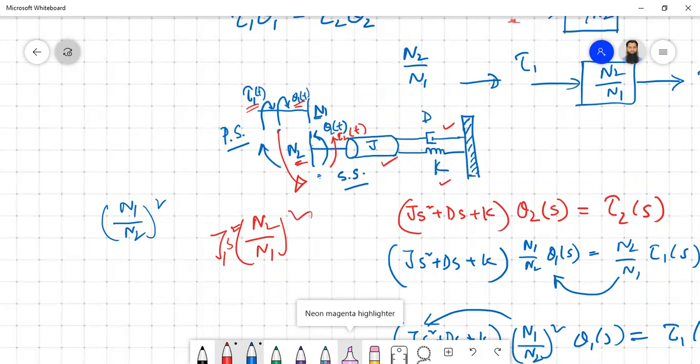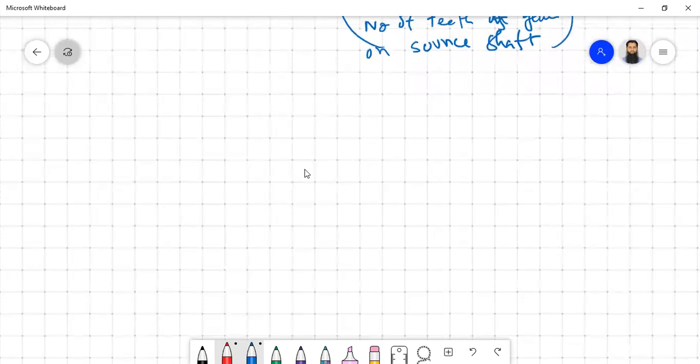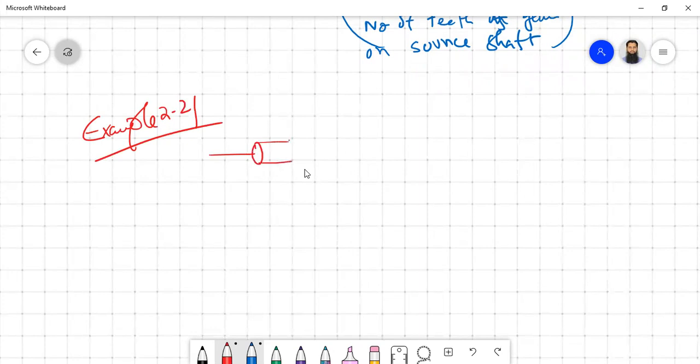So let us try one example, then the idea will be even clearer to you. Example 2.21. One mechanical system is given.